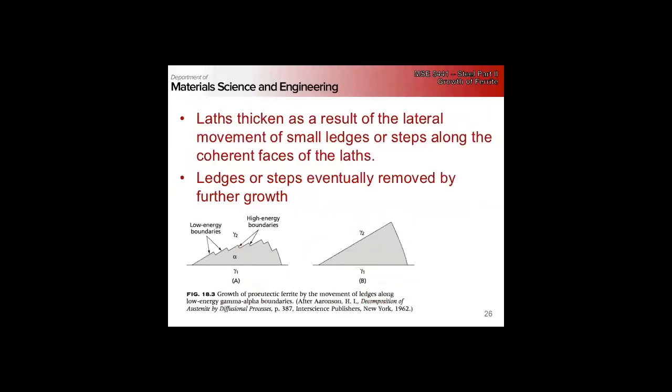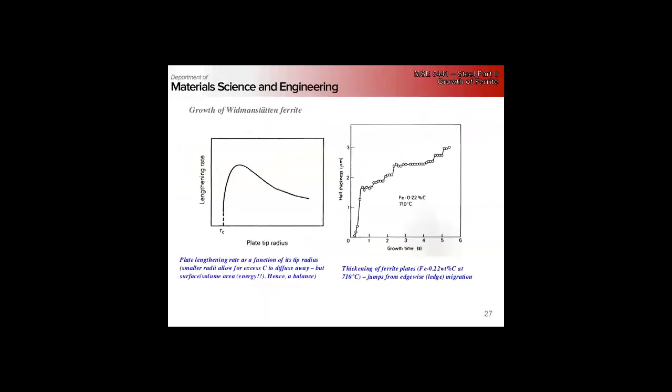So the lateral growth happens by these ledge mechanisms, where we've got the coherent regions separated by these incoherent steps, which can move. And so we grow by the extension of these ledges. That's how we do the lateral growth, and we see that in the thickening.